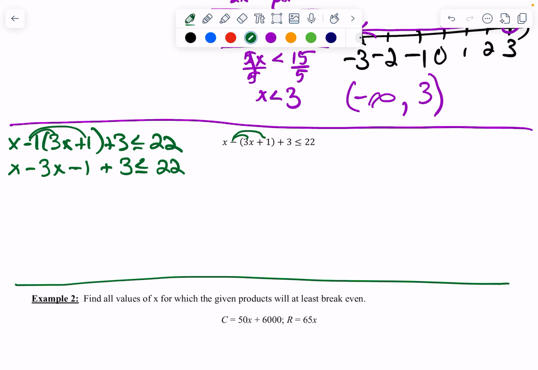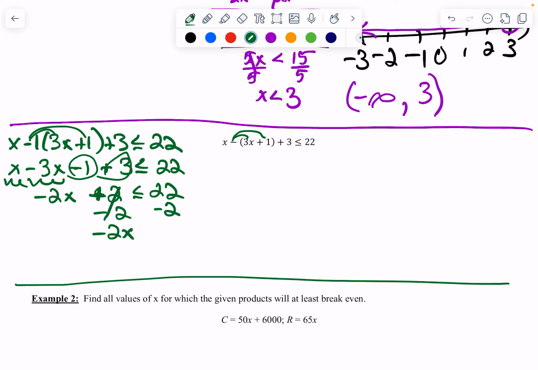Now on the left side, we're going to combine like terms. So we're going to combine x and -3x, which is -2x. And then we'll combine -1 and 3, which is 2. And our next step is to isolate the x. So we're subtracting 2 from both sides.